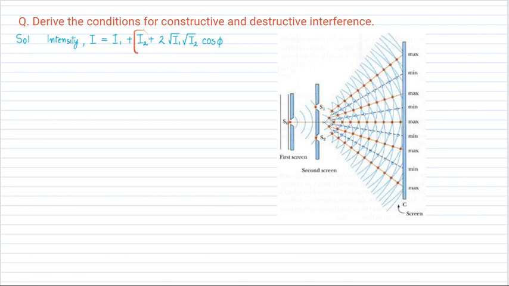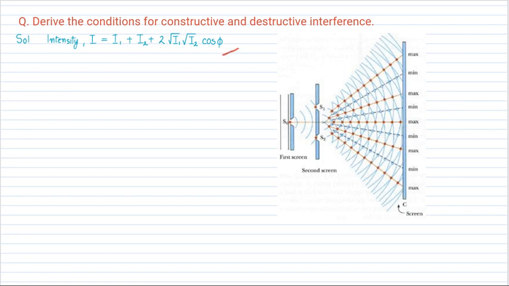Similarly, for your I2, the light coming from slit 2 will also have a positive intensity. So the question arises: how are we getting maxima at some points and minima at others? This interference depends upon the third term.